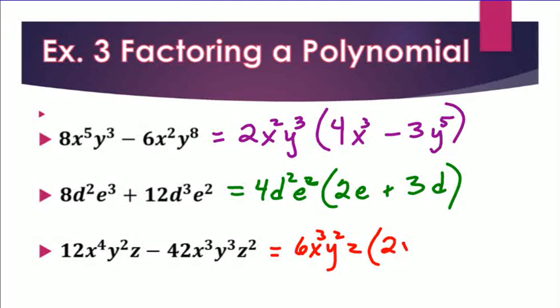X to the fourth divided by x cubed is x. I have my y squared and I have my z. So minus 42 divided by 6 is 7. I have my x cubed. I need another y and I need another z. So the more you work with these, the quicker it goes, because you can quickly do the math in your head.